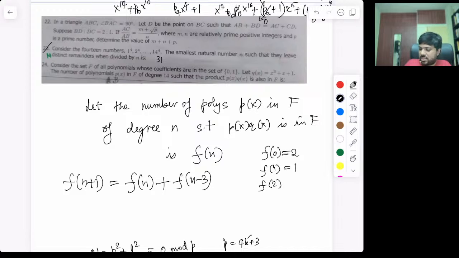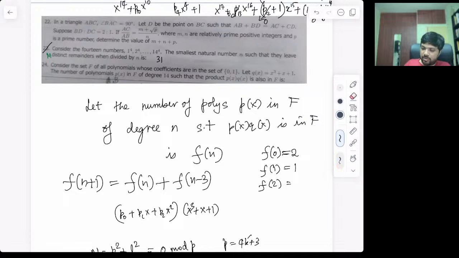What is f of 2? f of 2 would be quadratic polynomials with that property. So essentially p0 plus p1x plus p2x square, multiplied by x cube plus x plus 1, must be a polynomial with only 0 or 1 entries.